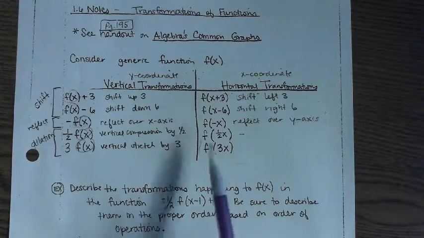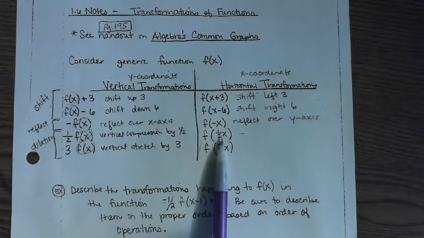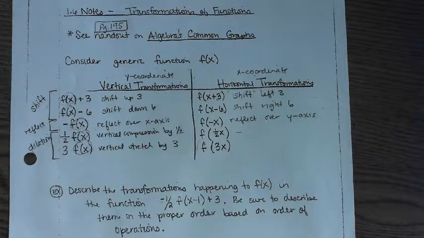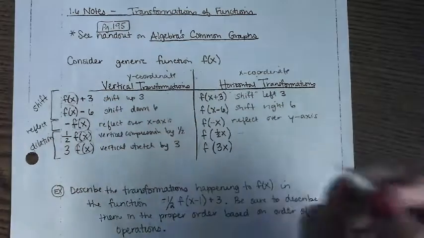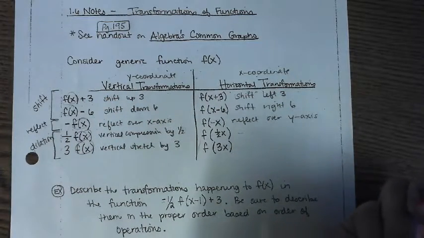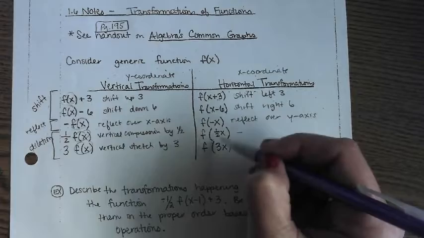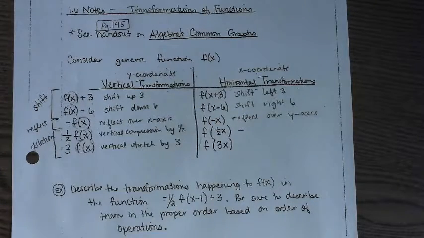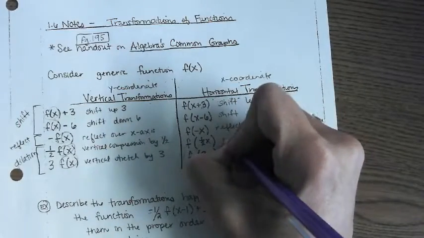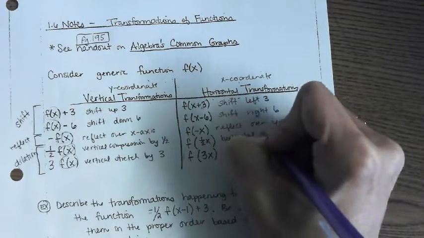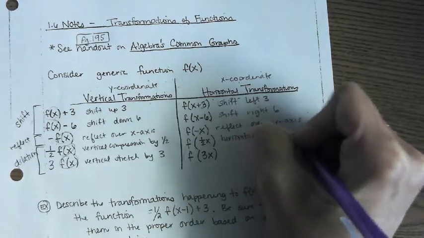What does the f of 1/2 of an x do, Alyssa? I would say a stretch by 2, though, right? You're kind of doubling out all those x coordinates. So you take the reciprocal of whatever that coefficient is. So it's a horizontal stretch by 2.